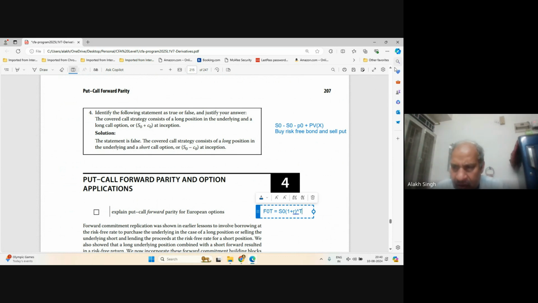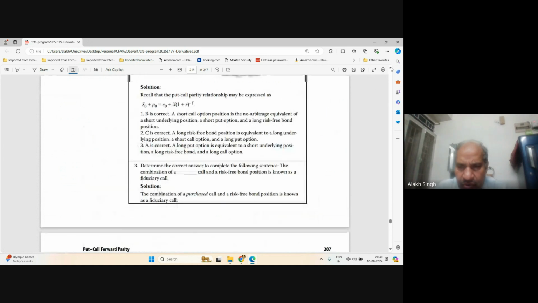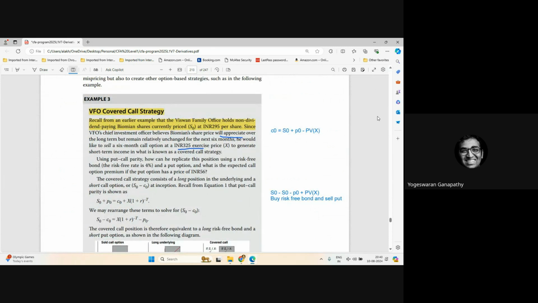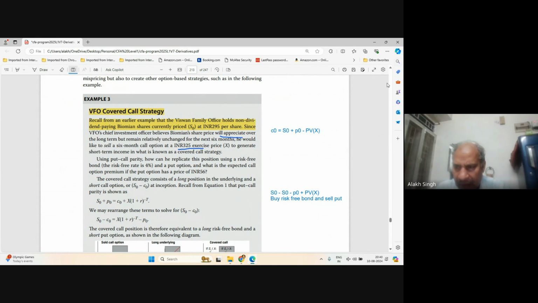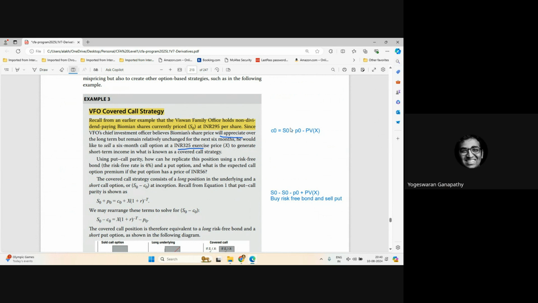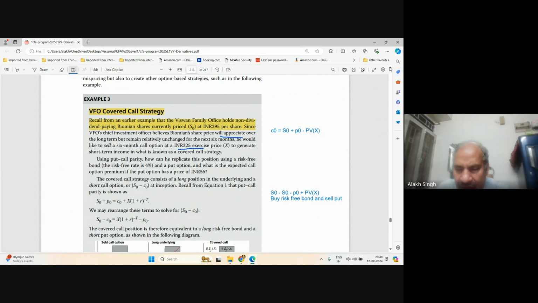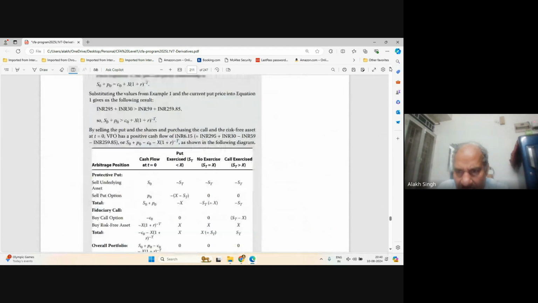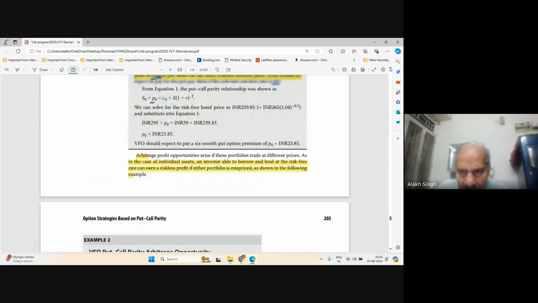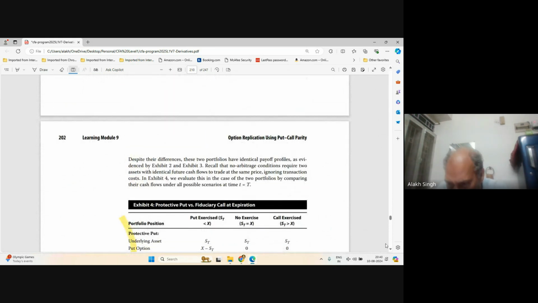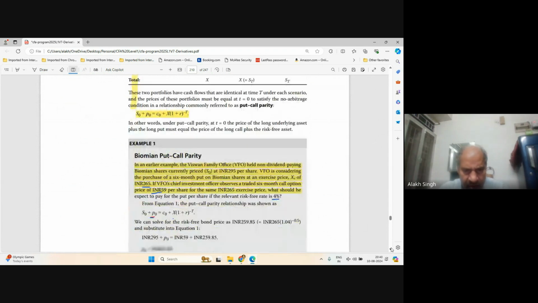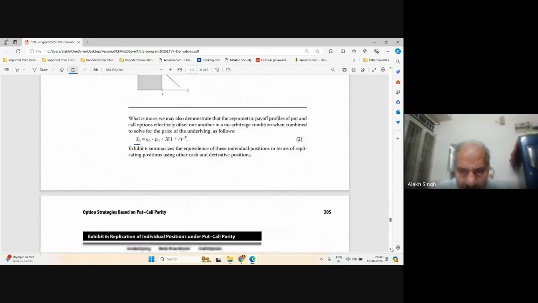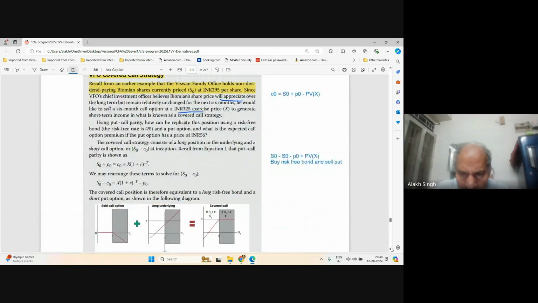Let me bring that, copy and paste, so that we can do it easily. We are just rearranging S naught in terms of the put-call parity. We will arrange in that only. That's why I'm trying to copy it. But we are converting this into, where did I write that? Oh, okay. So this one.